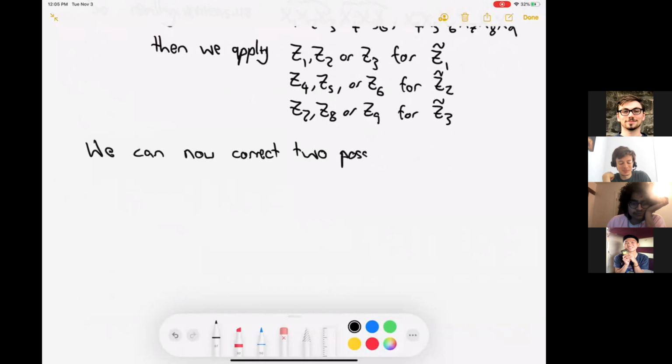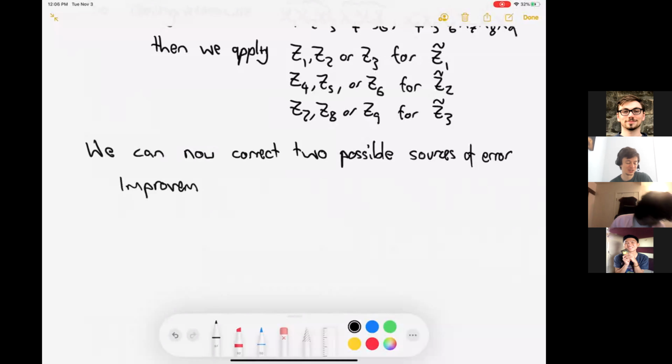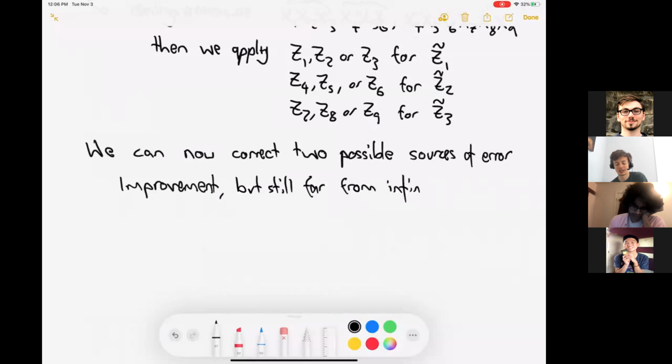But we still seem a long way away, right? There's infinitely many possible sources of error that are really out there. So this is an improvement, but it still seems like it's a long way from being able to correct all infinitely many possible sources of error.